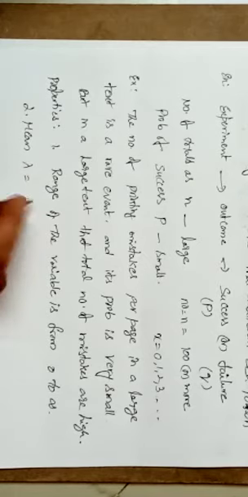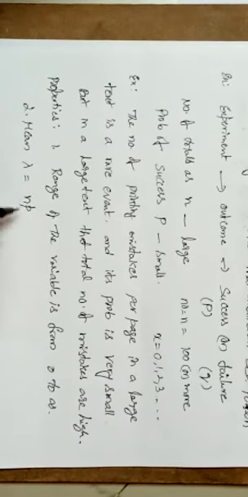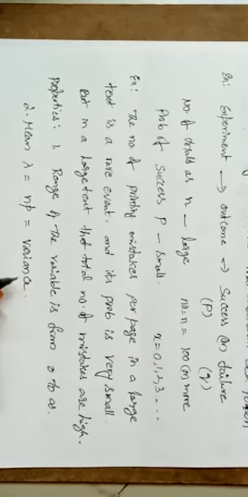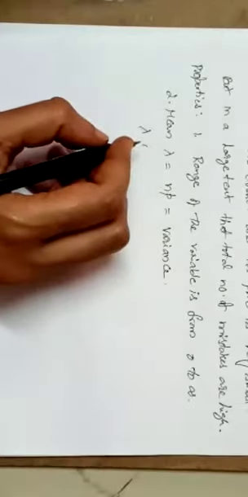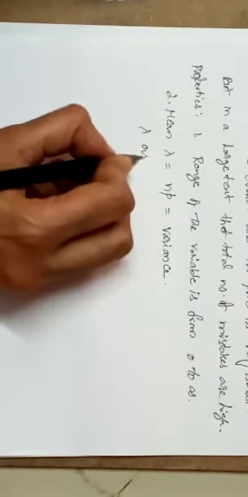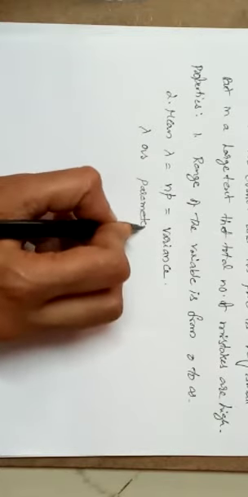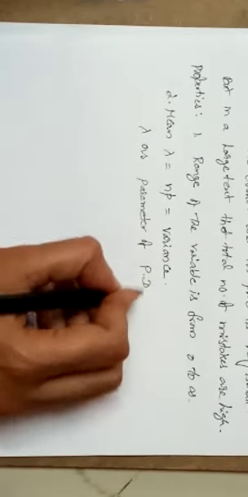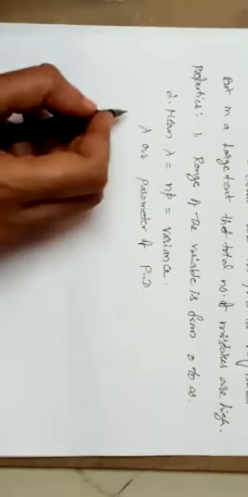Mean, you already know the formula: lambda is equal to np, where n is the number of trials and p is the probability of success. The product np is the mean of that distribution, and that mean is equal to the variance also. You can call this lambda the parameter of Poisson distribution. So is that clear up to this?